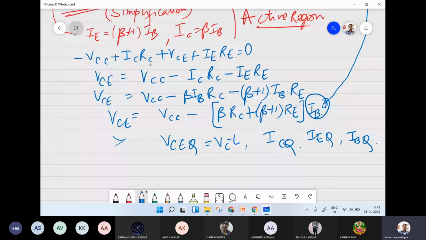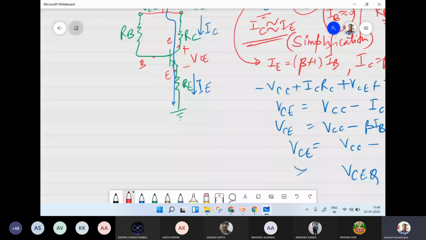So to find the collector voltage here, we need to know the emitter voltage. Unlike the previous case, in which the emitter was ground, it is now not ground.